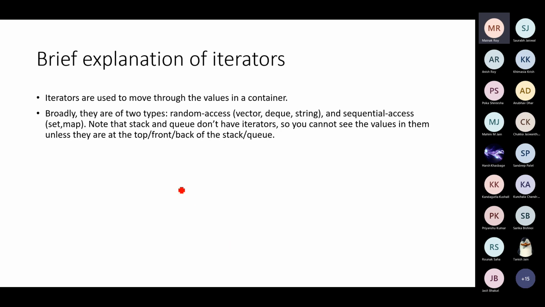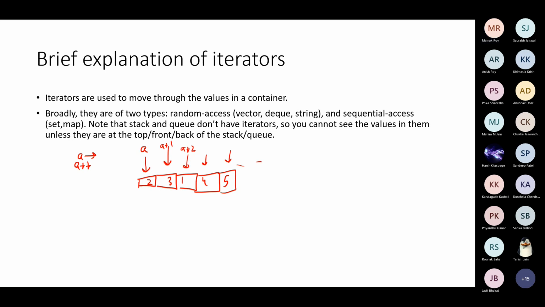Like in C, for example, you had an array of length 5, say 2, 3, 1, 4, 5, and you had a pointer A. You could just move the pointer ahead. You can just add to the pointer, and it'll refer to this place, and then this place, and so on.